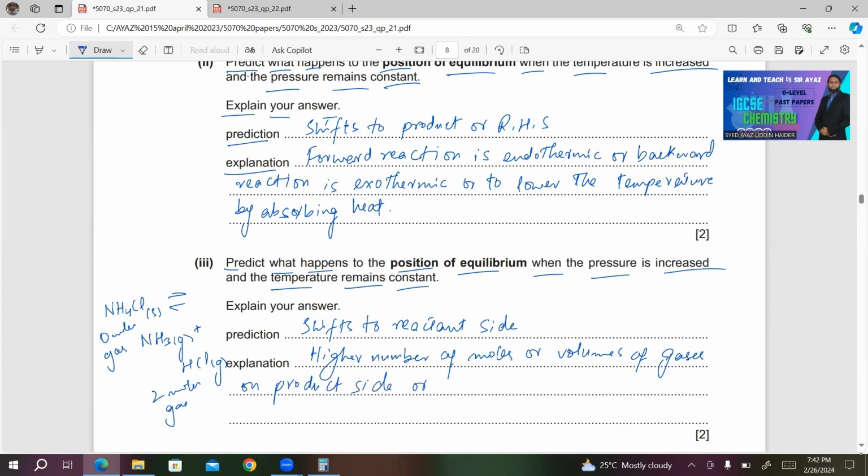Or you can even write less number of moles of gases on the reactant side.